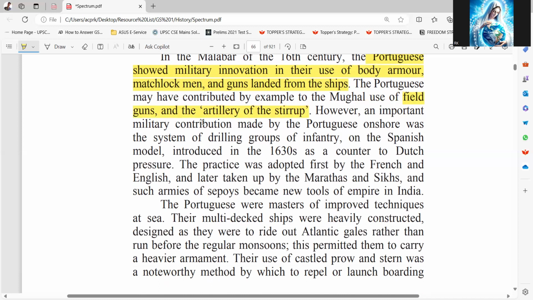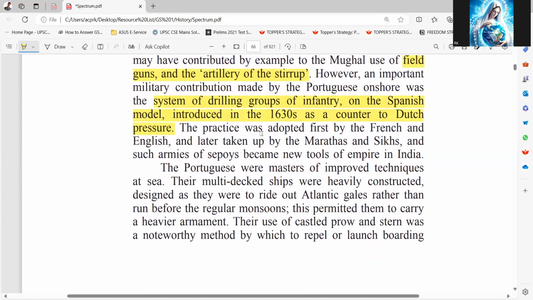However, an important military contribution made by the Portuguese onshore was the system of drilling groups of infantry on the Spanish model, introduced in the 1630s as a counter to the Dutch pressure. The practice was adopted first by the French and English, and later taken up by the Marathas and Sikhs. And such armies of sepoys became new tools of empire in India.